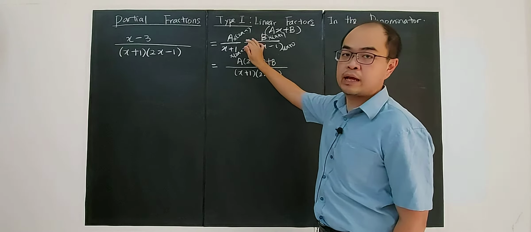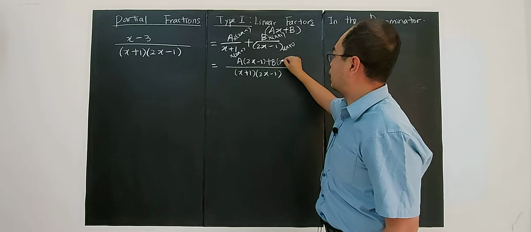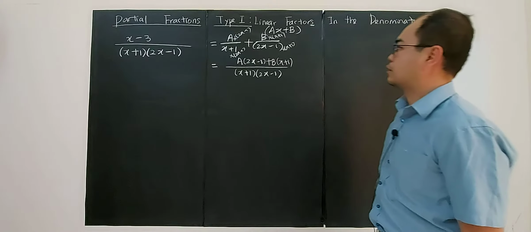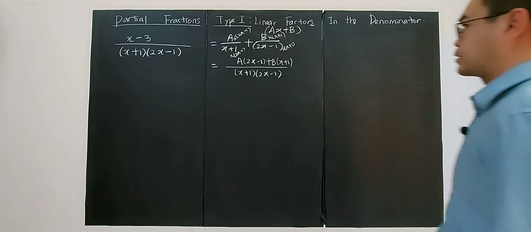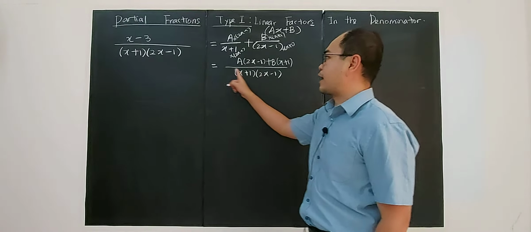You only can start doing addition. So b over x plus 1, a 2x minus 1 and b x plus 1. So now you can directly compare these two.